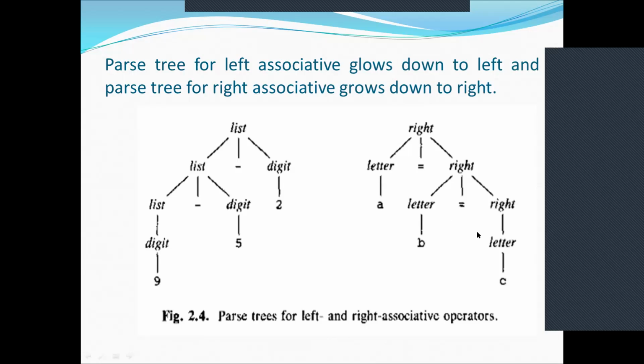Your operator will decide what kind of associativity it will have. If it is plus, minus, multiplication, division, it is going to be left associative. If it's the equal to or exponential, it is going to be right associative.